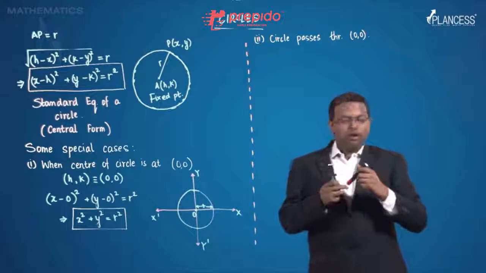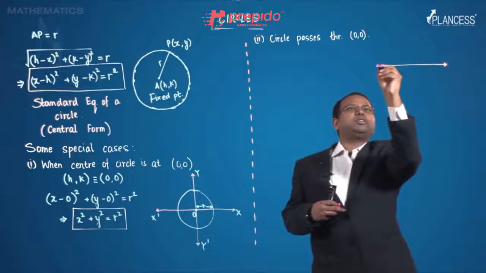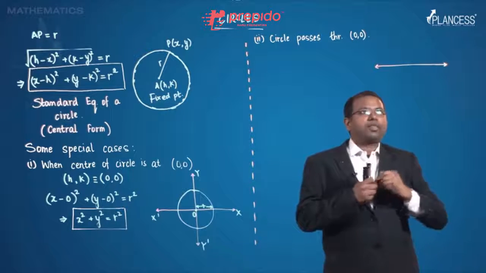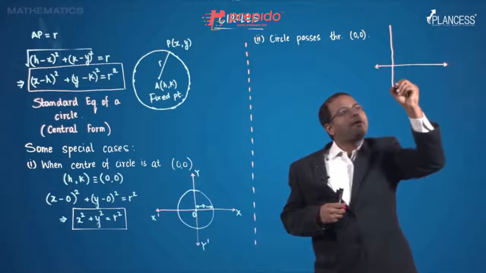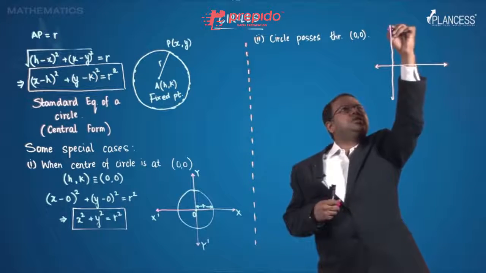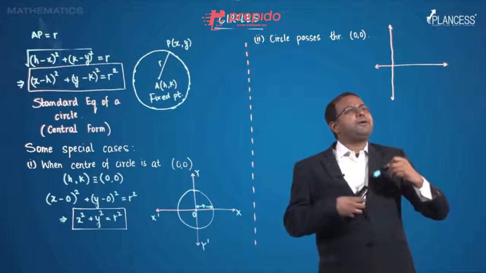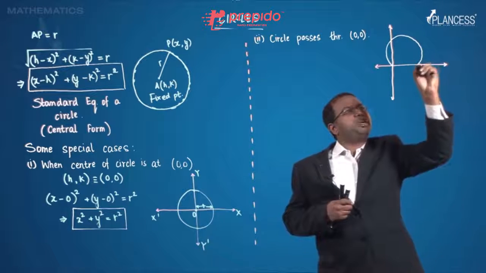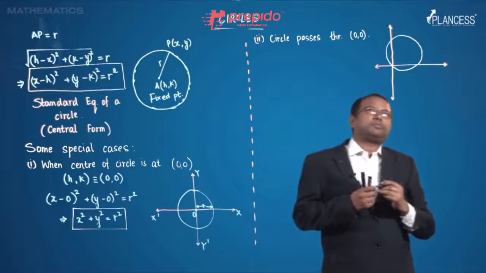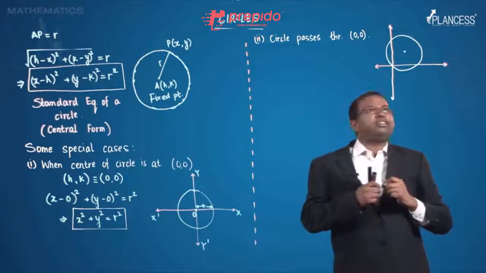So let me draw the circle to begin with. This is our x-axis. This is our y-axis. And say this is the circle which we are talking about. So somewhere here we can consider the center.